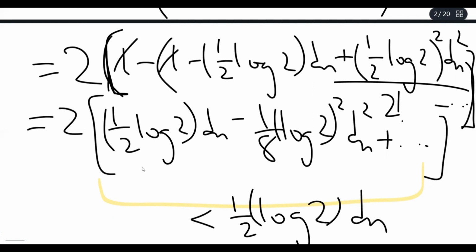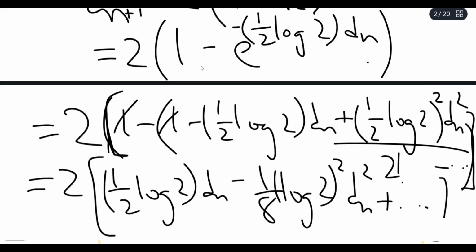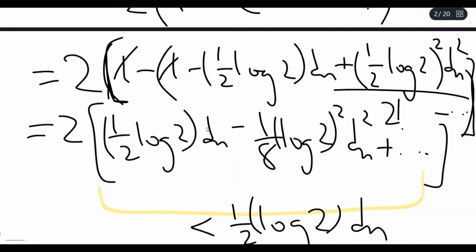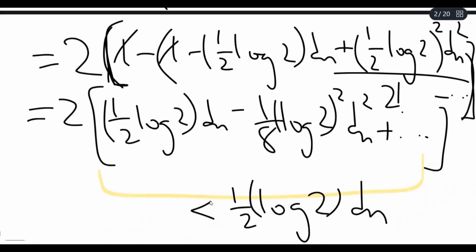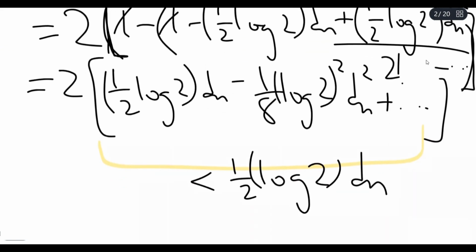Equivalently, you could say that 1 minus e to the minus x is always less than x. With this estimate, what we end up with is, remember this was our d_(n+1) on the left. So we get, and this 2 combines with the 1/2, d_(n+1) is less than log 2 times d_n.